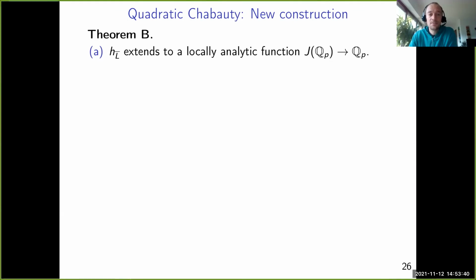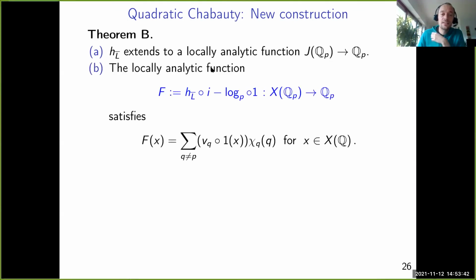All right. So this means that I get the locally analytic function f by defining it as HL bar composed with I, minus log P composed with 1, right? This here is automatically defined on X of QP. And then I pull back this extension of HL bar to the curve. This is a locally analytic function from X of QP to QP, and it satisfies the nice property that I know what it does to rational points, because that's how I defined f.